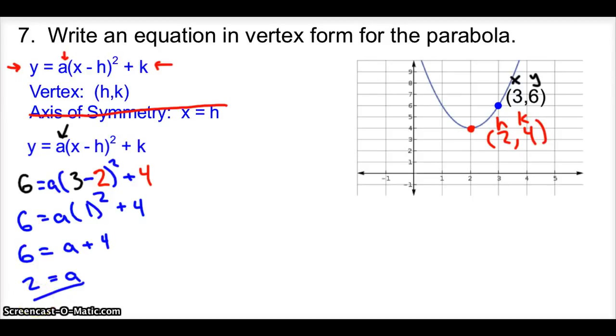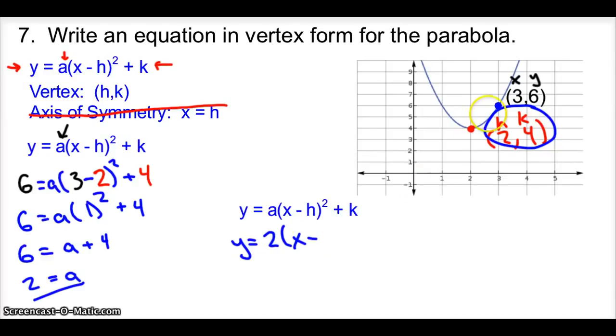So once we have a equals 2, we already know what our vertex is, so we're going to plug it back in here, where we have y equals, we're writing an equation in vertex form. y equals, our a is from here, 2, and now it just goes back to normal. x minus our h comes from here, which I'm going to put in red.